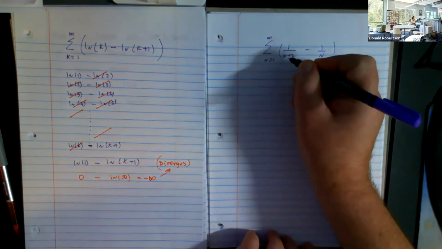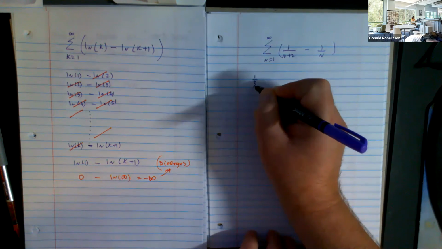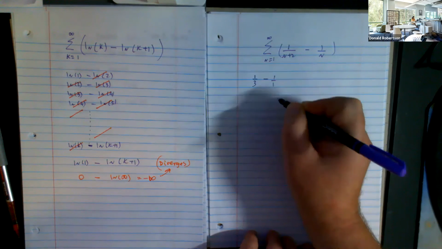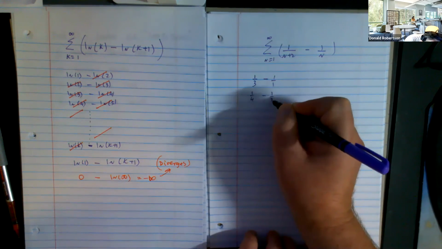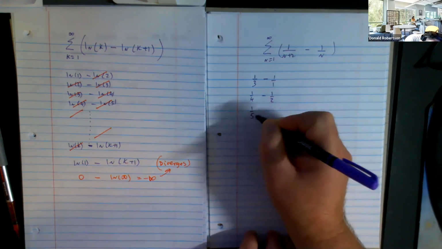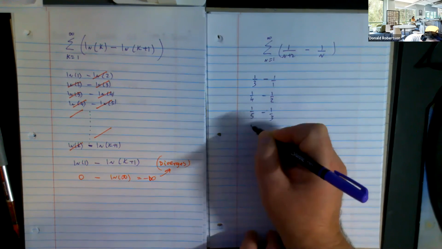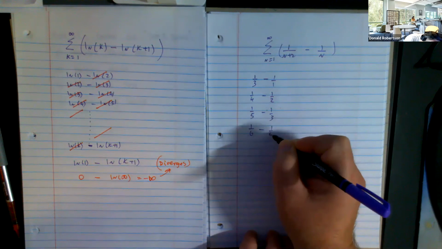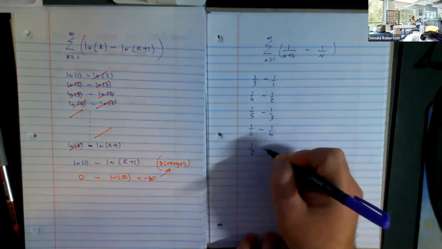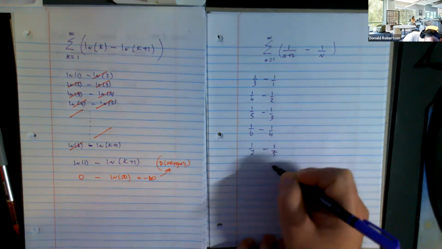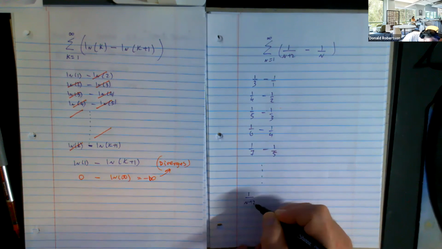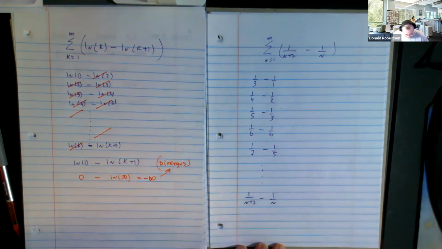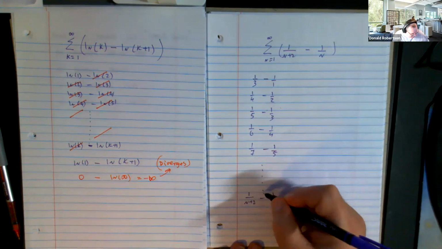And if you plug 1 in, you get a third, take away 1. Then the next one will be a fourth, take away a half. Then it's 1/5, take away a third. 1/6, take away a quarter. 1/7, take away a fifth. And then I'll finish like that kind of random guy.